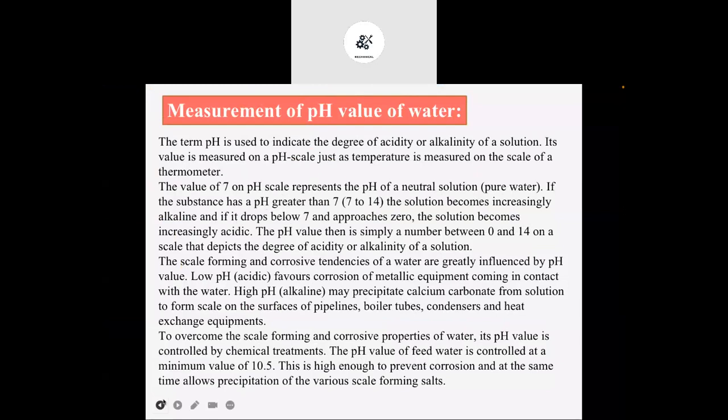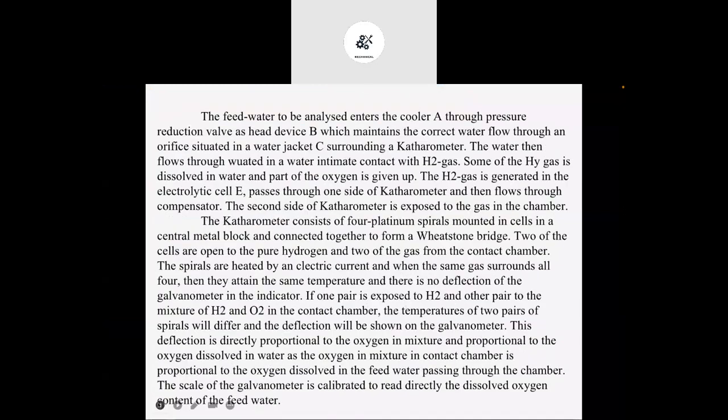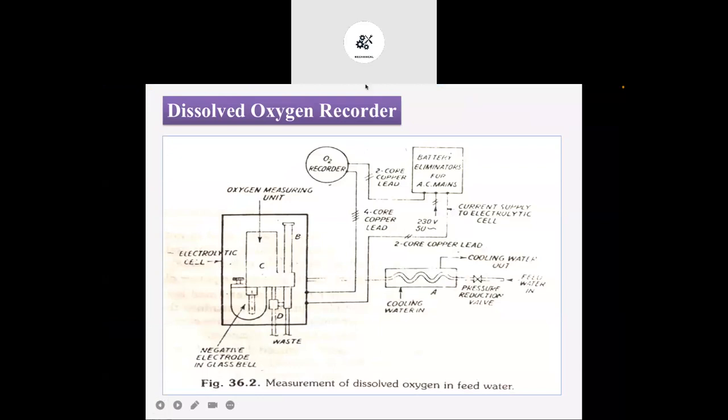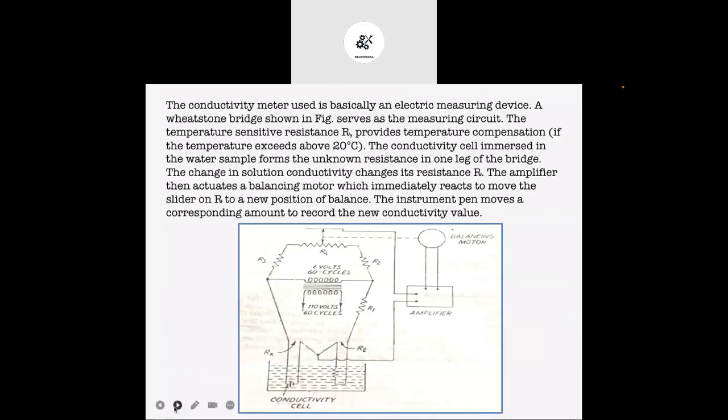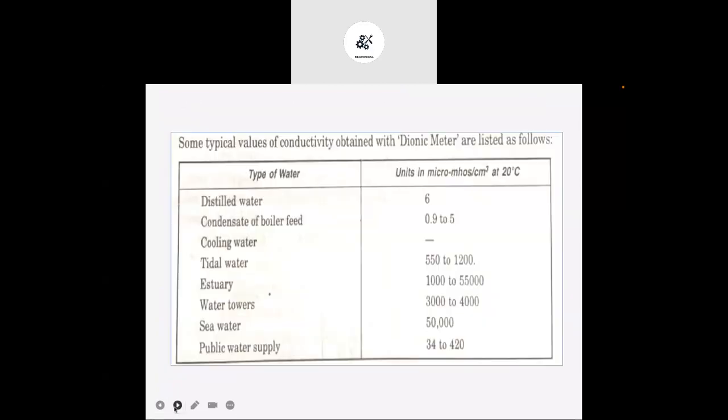In the previous lecture we saw the different measurement devices which measure the dissolved oxygen and also the different salts or minerals which are already dissolved in the water.